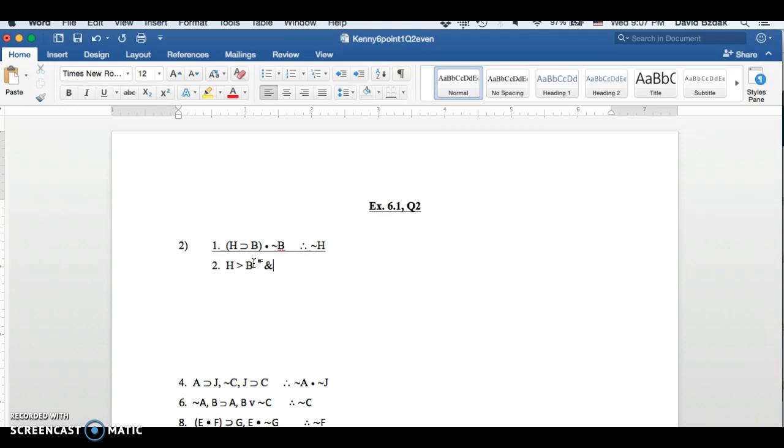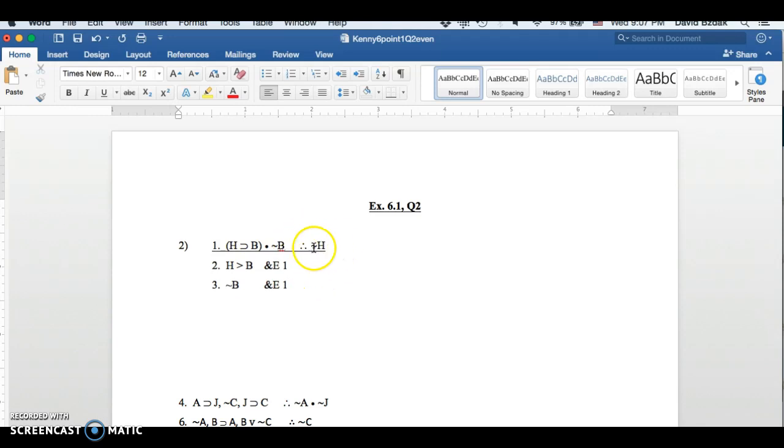So we can get H conditional B by itself, and we can get not B by itself using the conjunction elimination rule.